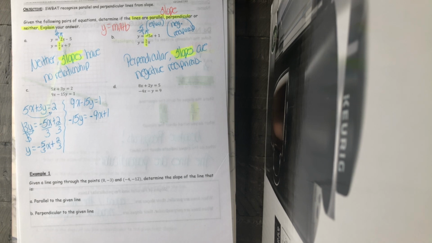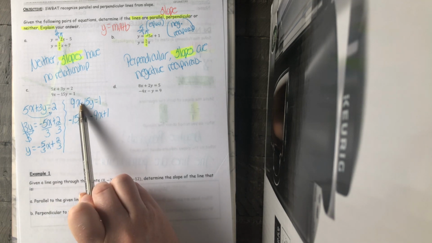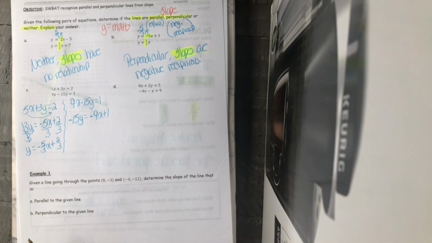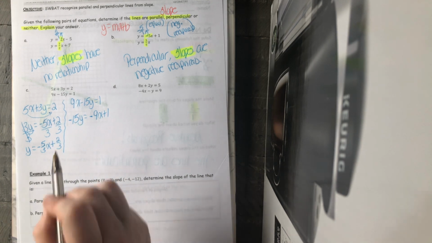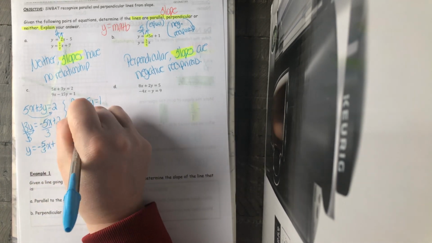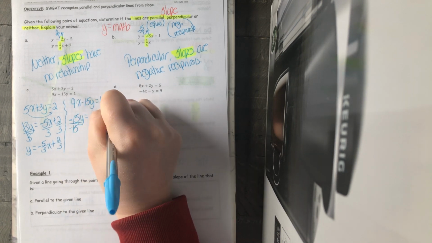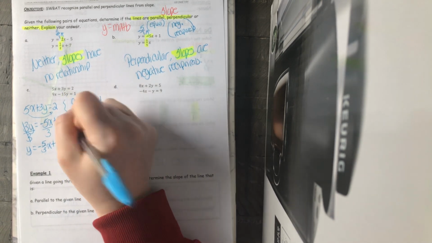It depends on the equation, so just take your time and do one step at a time. This was a negative 15y, so remember you've got to bring down that negative with the 15y as well. And now again, I want to get y by itself, so the opposite of multiplication is division. So I'm going to divide each term by negative 15, because whatever I do to one, I have to do to all.